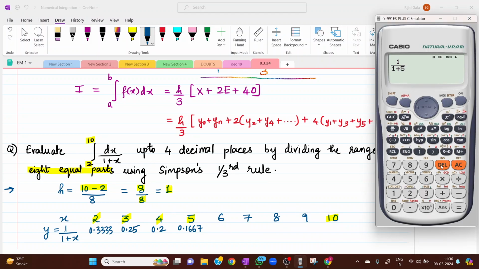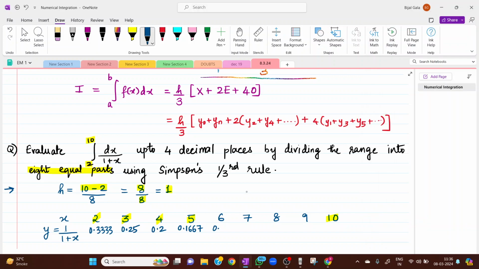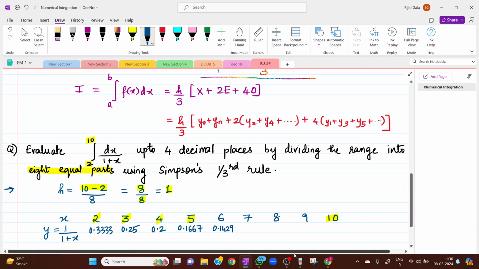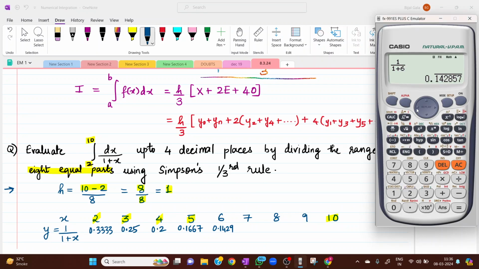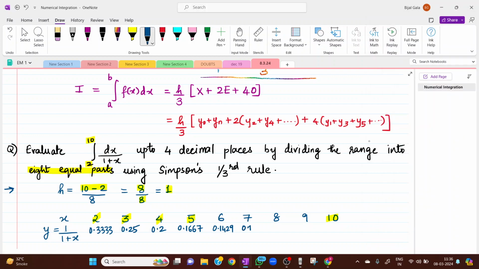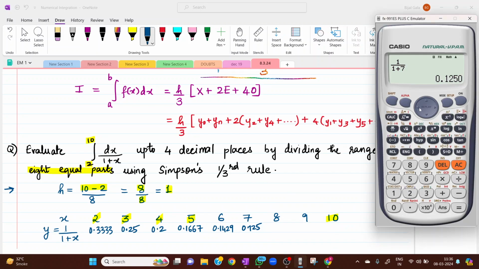Next value, replace by 6. So you get 1 by 7, which becomes this value. We have to take 4 decimals, so 0.1429 we'll take. Again, let's take 7 here. 0.1250. Next value is 8.